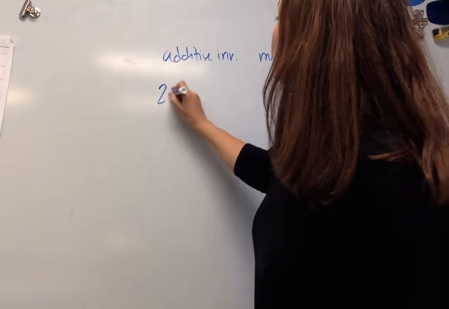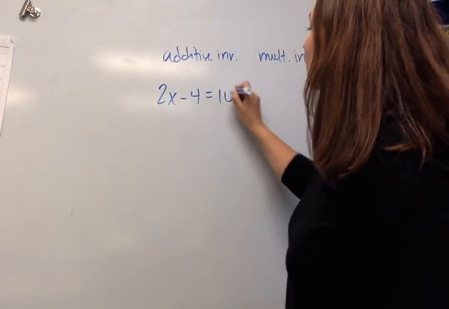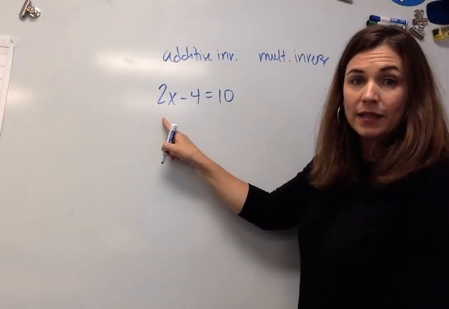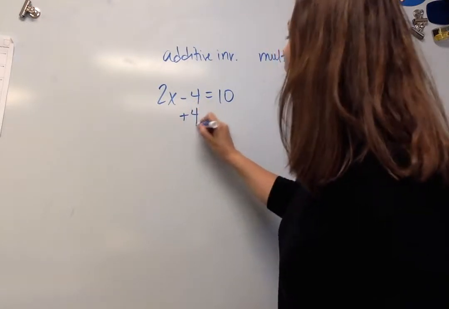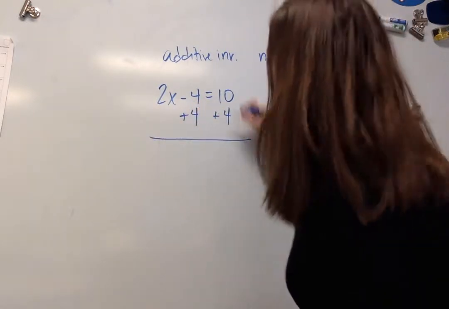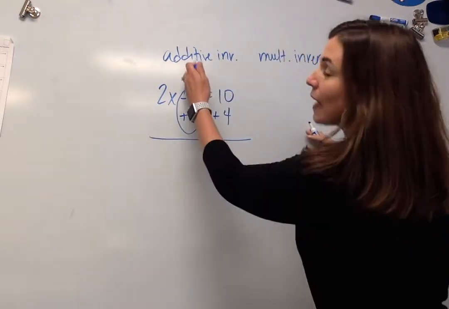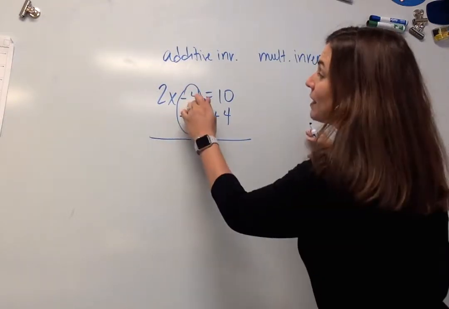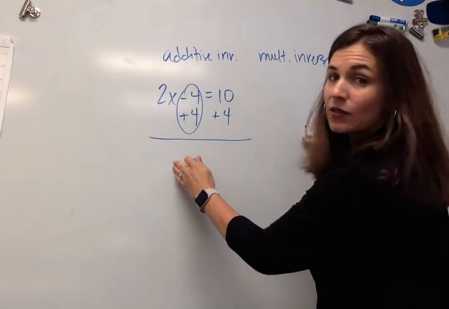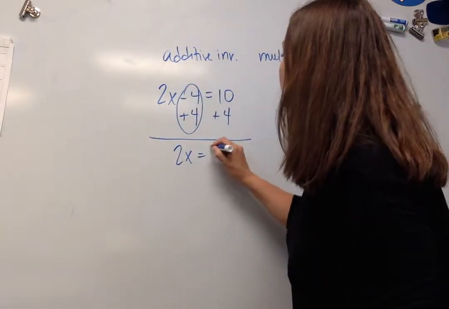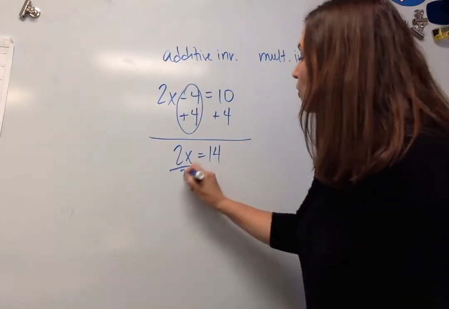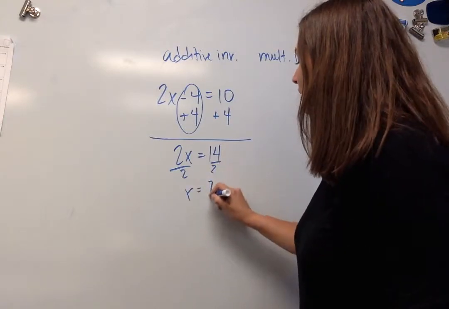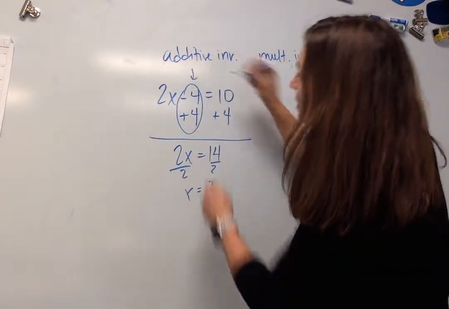So if you have 2x minus 4 equals 10, to get x by itself, I'm going to add 4 to both sides. This property right here that allows me to cancel this out, that's additive inverse. That's a negative 4 and a positive 4 cancels out, leaving you with 2x equals 14. And then, of course, here we divide by 2, and I get x equals 7. But this is additive inverse.